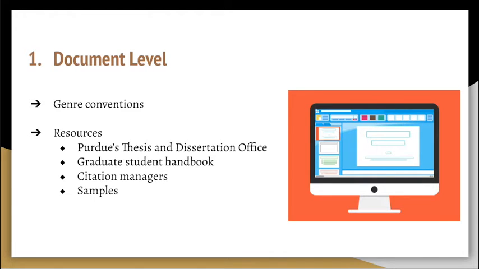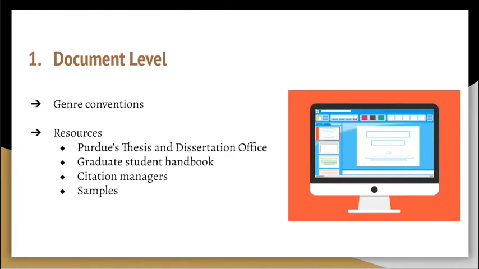Other questions to consider here are about formatting. Is the document formatted correctly? Here you can think about things like font type, font size, spacing, margin size, page numbers and running headers, and the indentation at the beginning of each paragraph.